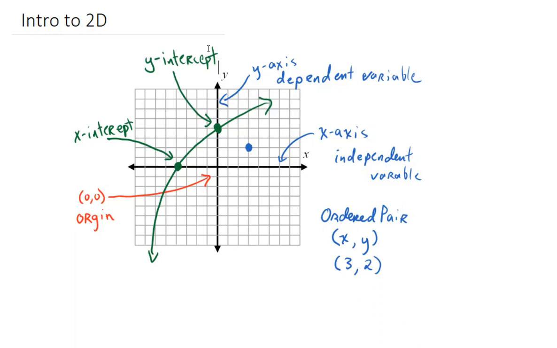Okay, so what I want to do now is talk about this idea of independent and dependent variables. Like I said, when we use x and y notation, the x is going to correspond with the independent variable, and the y will correspond with the dependent variable. Now the letters may change, but whenever we use x and y, we tend to use those for our generic ones.